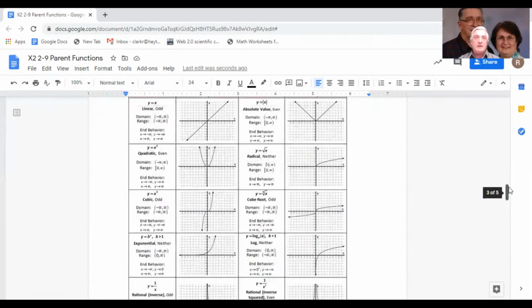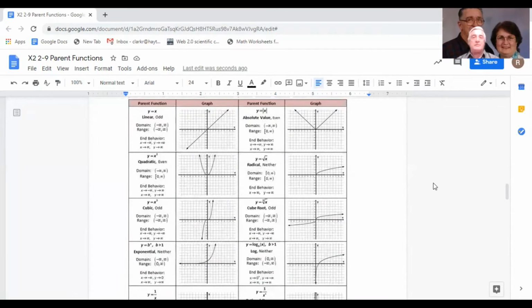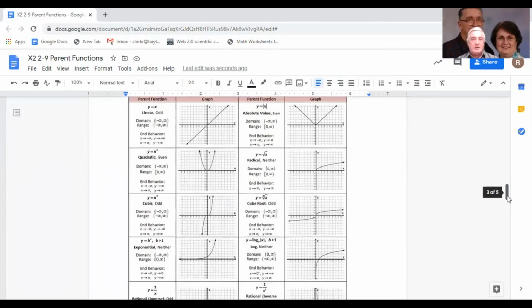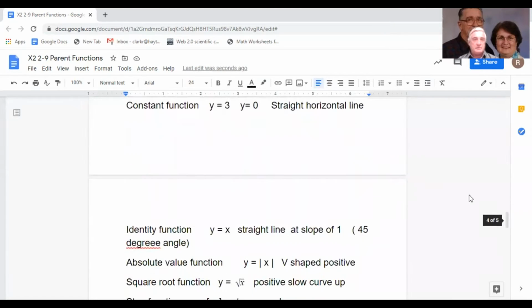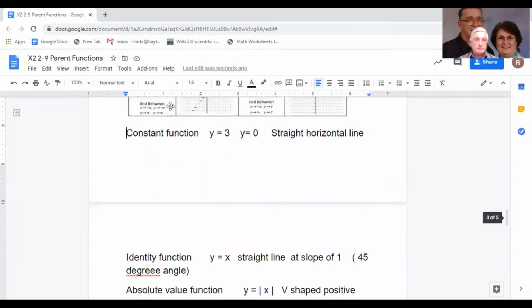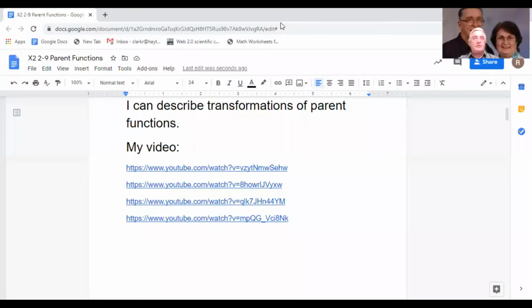Here are several parent functions. I'm going to describe some of these, and we'll come back to the pictures later, but this is about 10 of them. I've seen charts that have as many as 16 or 20 parent functions, but let's talk about some. Up here, of course, is where my video goes when we're done shooting this today.